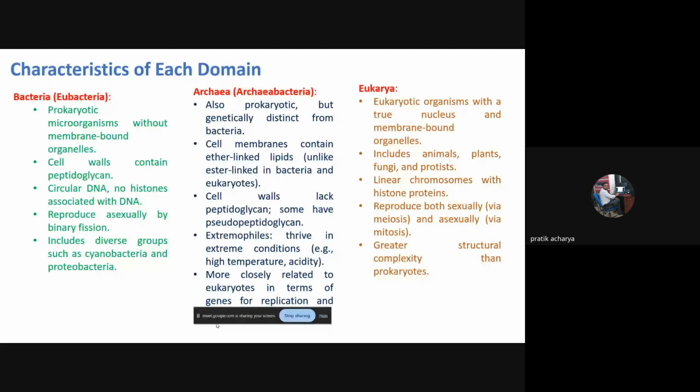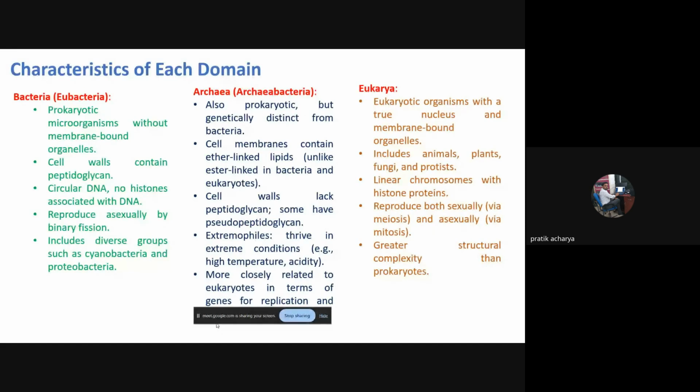If we go for eukarya, these are eukaryotic organisms with a true nucleus and membrane-bound organelles. These include animals, plants, fungi, protists, with linear chromosomes with histone protein. All these are eukaryotic properties, which are significantly different from prokaryotic properties. They have membrane-bound organelles. They have double-stranded DNA with histone protein.